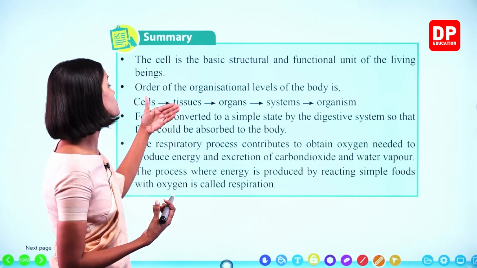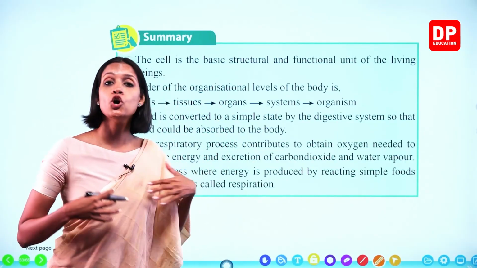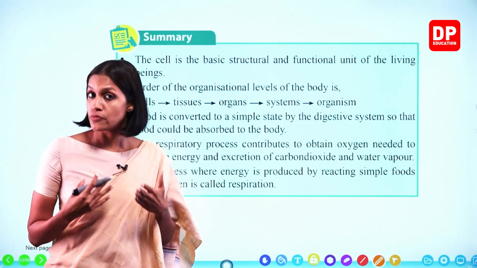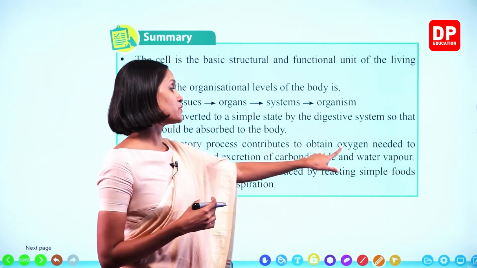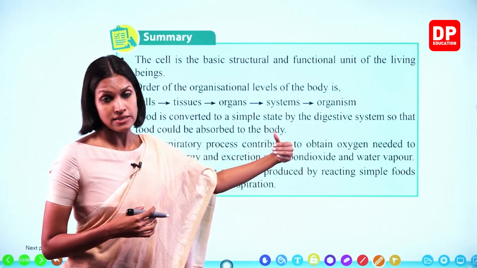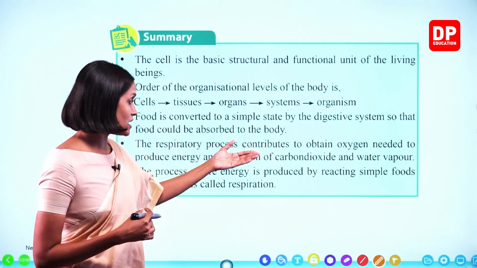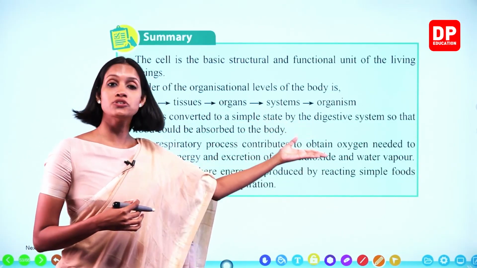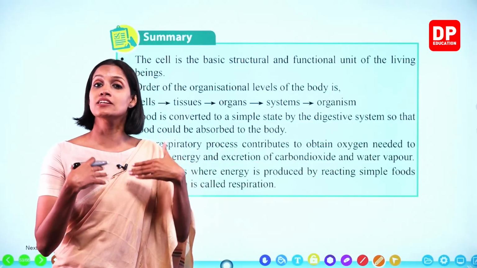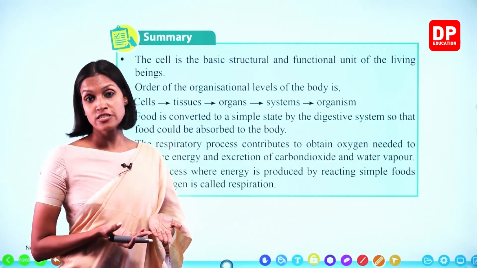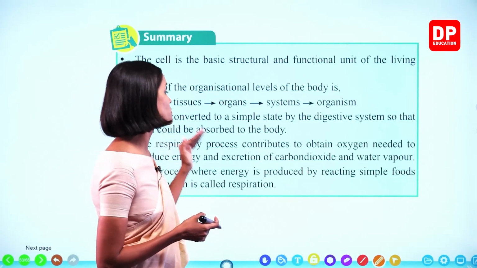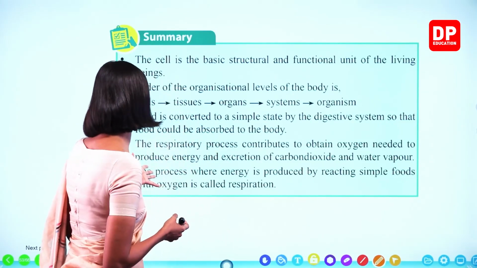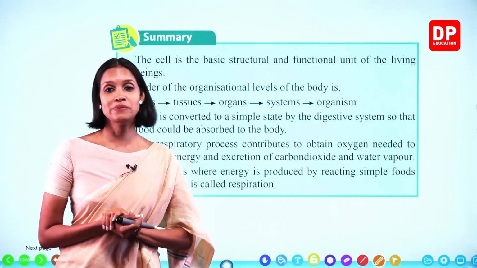So simple food is provided by the digestive system. Oxygen is provided by the respiratory system. Okay? And excretion of carbon dioxide and water vapor. Because as a result of respiration, carbon dioxide and water vapor is produced, and that is sent out through the respiratory system. Okay? And finally, the process where energy is produced by reacting simple foods with oxygen is called respiration.